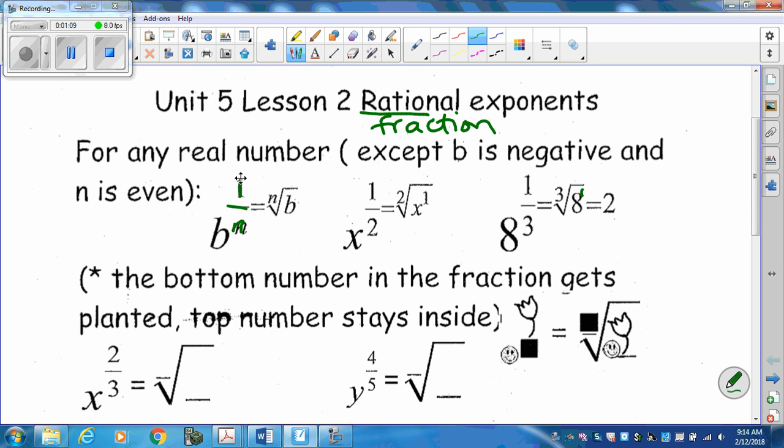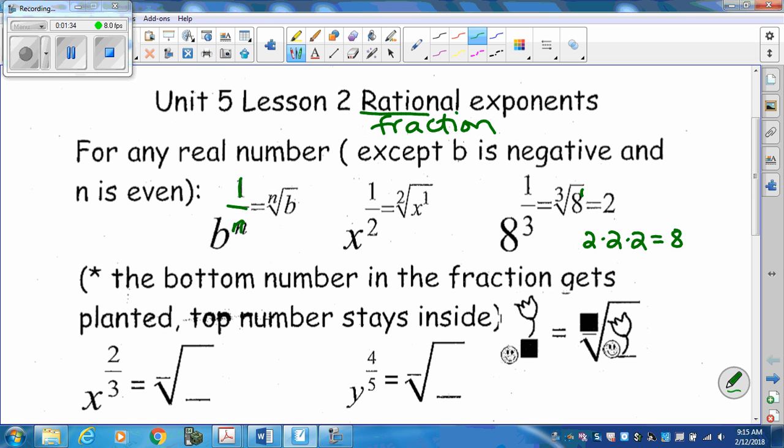You think that there's a 1 there. And that simplifies to be 2, because 2 times 2 times 2 is 8. Basically, the bottom number in the fraction gets planted and the top number stays inside.